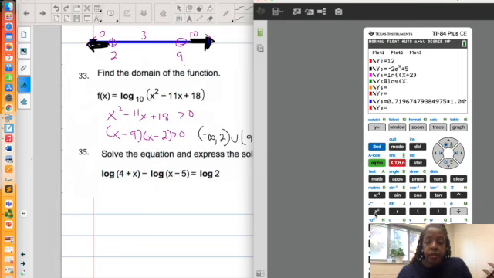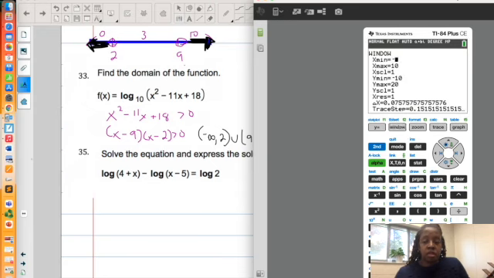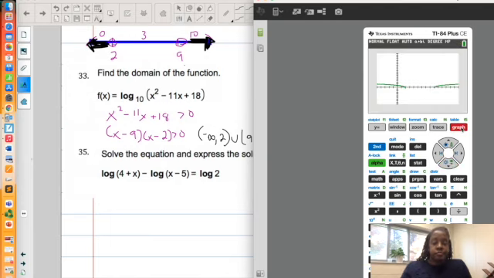X squared minus 11x plus 18. If we hit graph, my goodness, you can kind of see it, but let's make sure we can see it better. So let's start ours off from negative 5 and go all the way to 15, and then graph it. See?